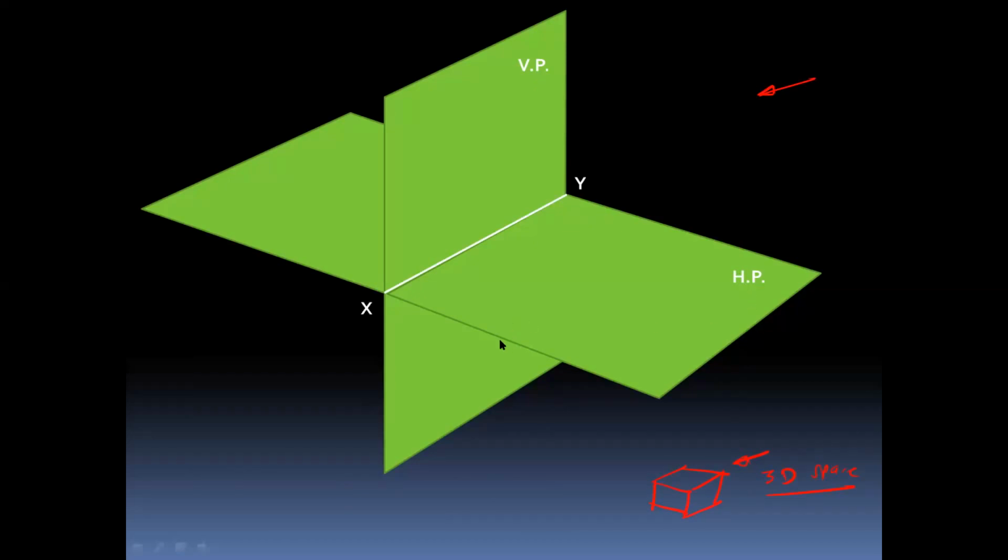This is called the XY line. So we have got 4 quadrants: first, second, third, and fourth quadrant. Now you can assume the object in any quadrant, and then you can prepare the drawing.